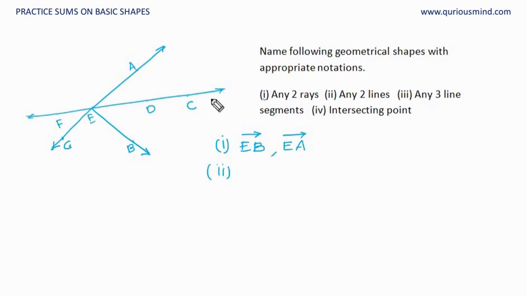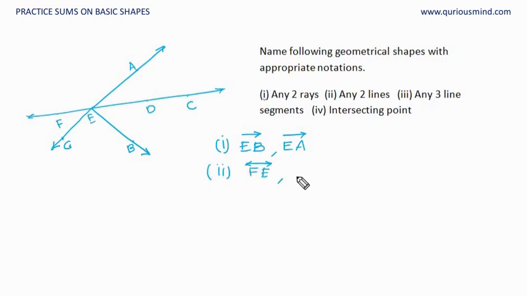So here we have this one line and this another line. We have two lines here. Now this line can be named with any 2 points on the line, and denoted by a line with 2 arrows on top of it.